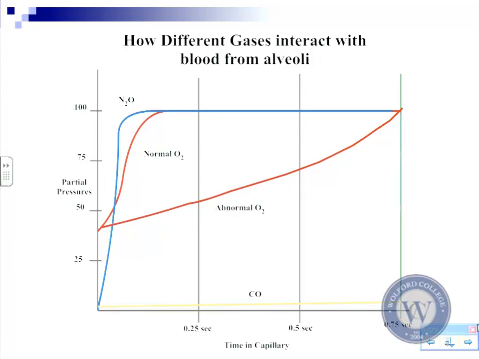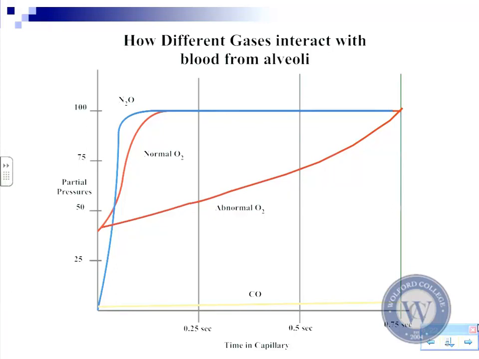If you look at the other two gases, oxygen and nitrous oxide, uptake goes from 0 to 100, whatever the value is. In this case, we're giving 100 nitrous, which would pretty much be hypoxic. That individual will take up this nitrous oxide very, very fast.